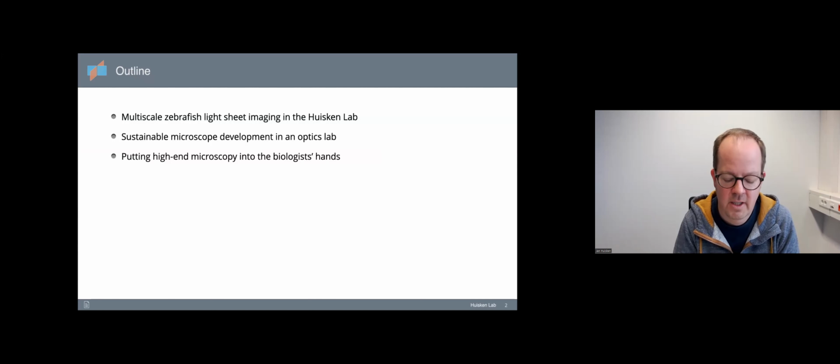And then in the second part, I'll discuss briefly how I think sustainable microscope development could be done in an optics lab, and how this allows us to build more reproducible instruments in our own lab. And then in the third part, I'll go into the sharing, open science aspect of all this, sort of how we think we can more effectively collaborate with biologists by making our instruments more accessible for users.